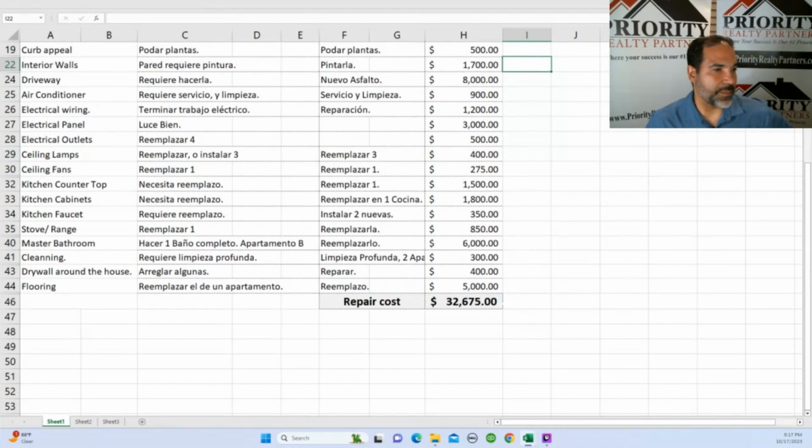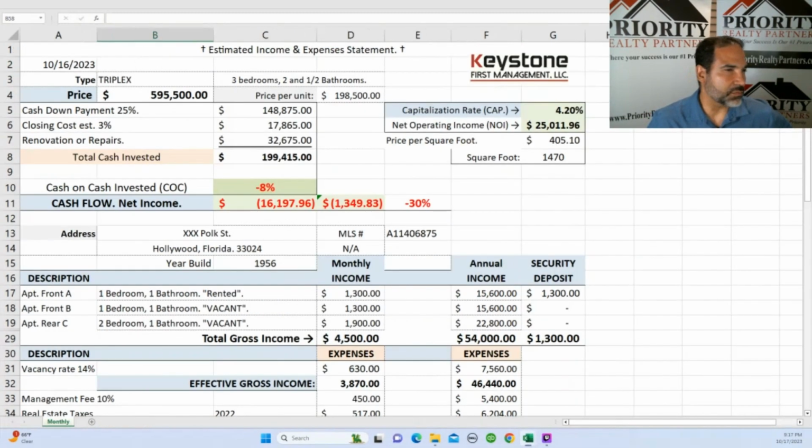When I take that amount and move it to here, now I have repairs and renovation, $32,675 plus my closing costs plus my down payment. Now out of my pocket, I'll have to put $199,415. With this amount, my cash on cash return is now negative 8%.